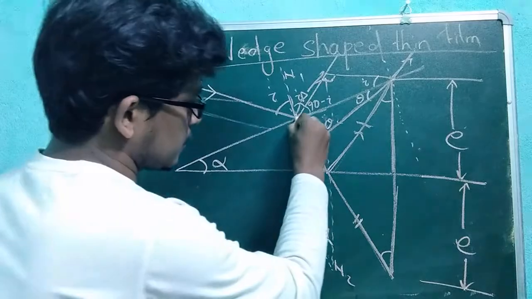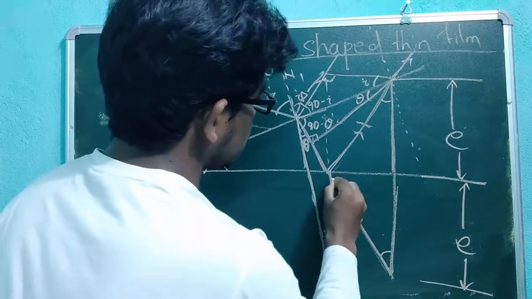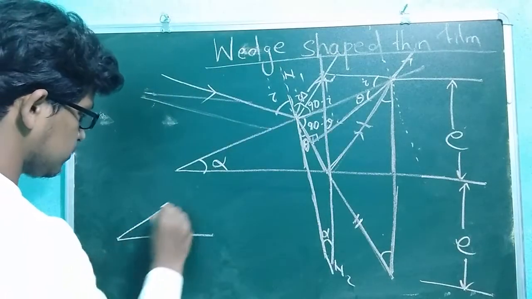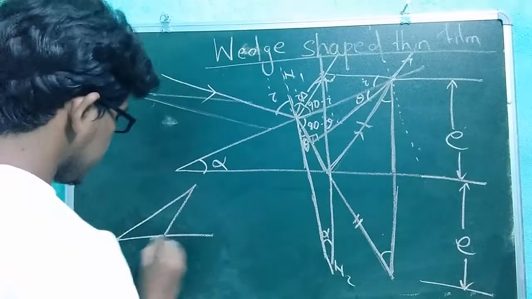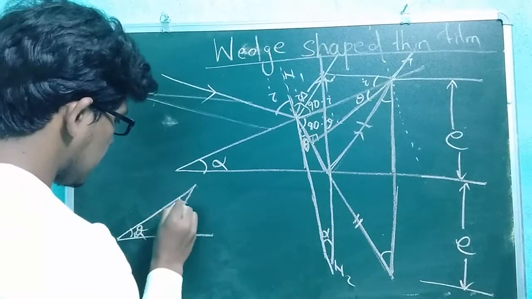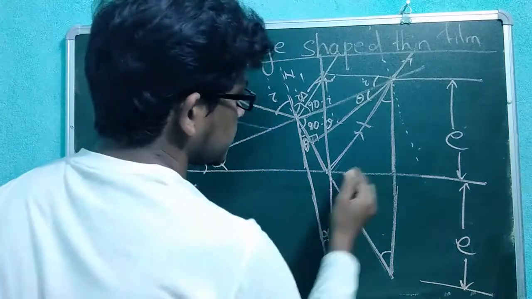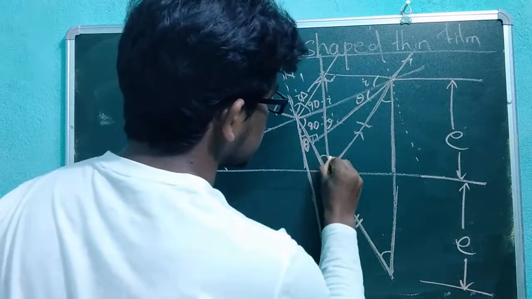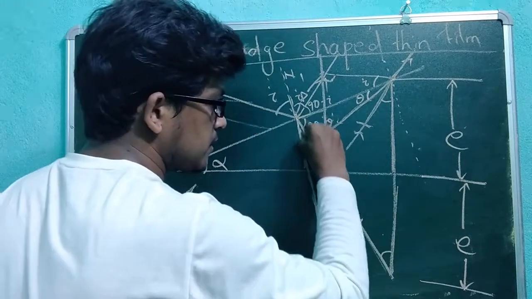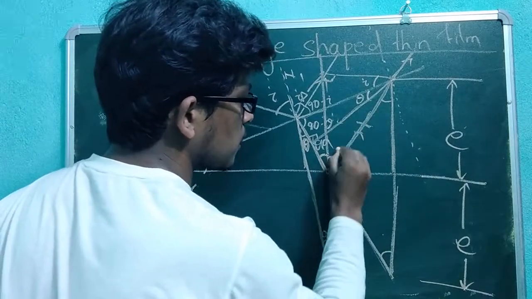Yes, right. See, this is a triangle like this. This angle is theta, and this angle is alpha. So this angle will be theta plus alpha. This is incident, this is reflecting, so this angle will be equal to this angle.